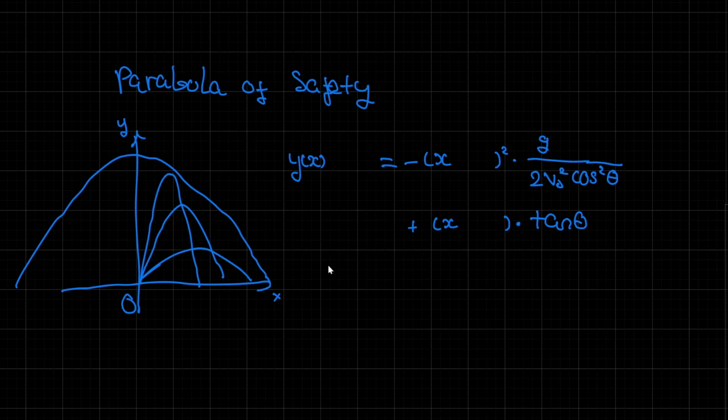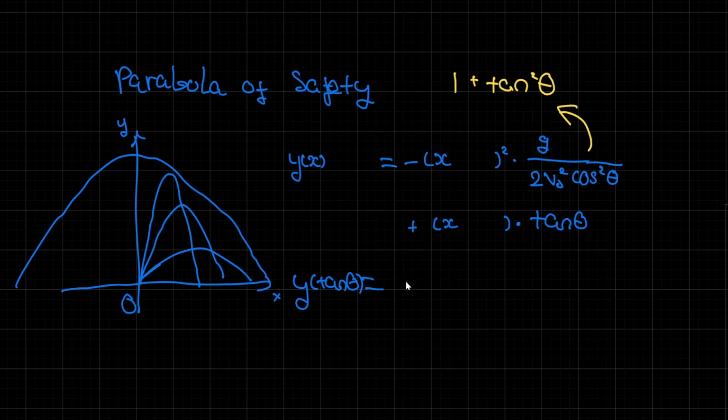And so I can actually rewrite this as, so you can see here is 1 over cosine squared of theta, right? So you can write this as 1 plus tan squared theta. So what I'm doing here is putting y into a function of tan theta instead of x.